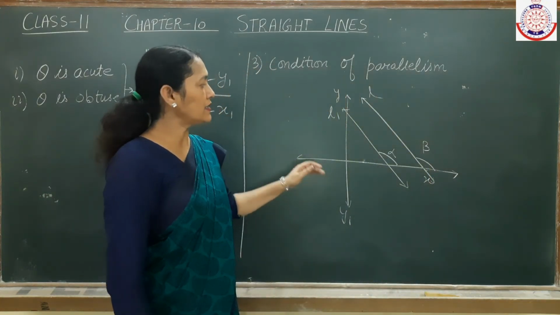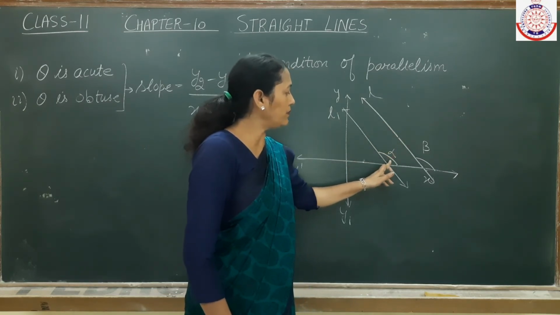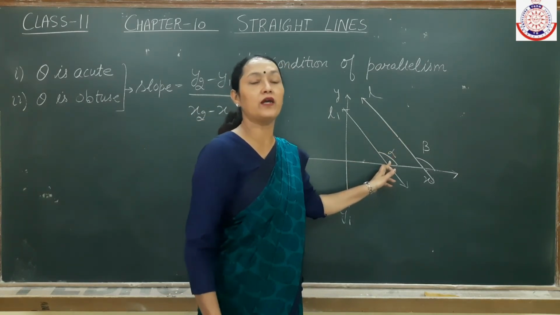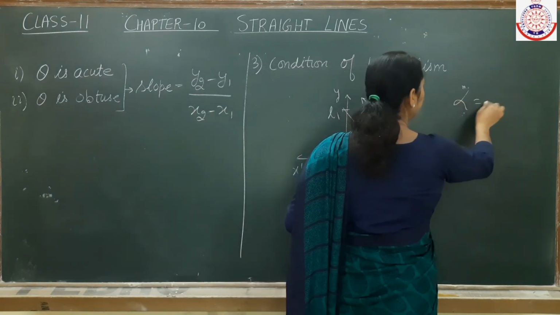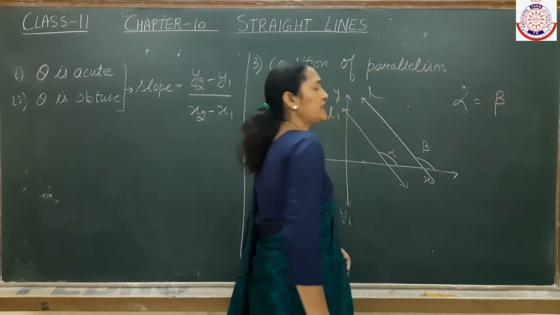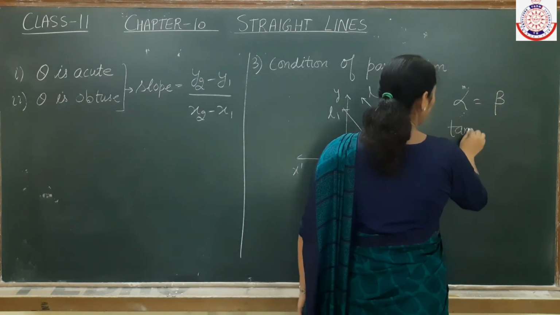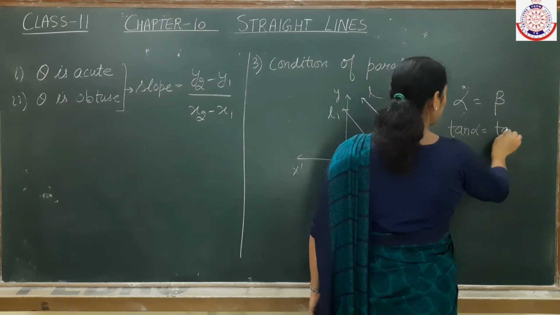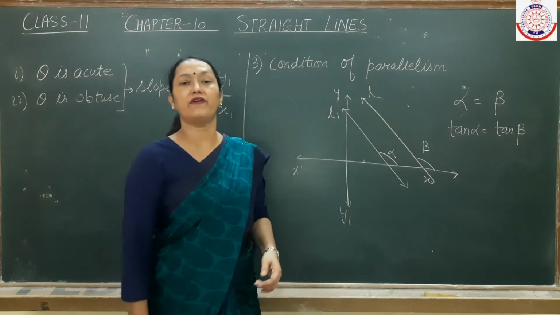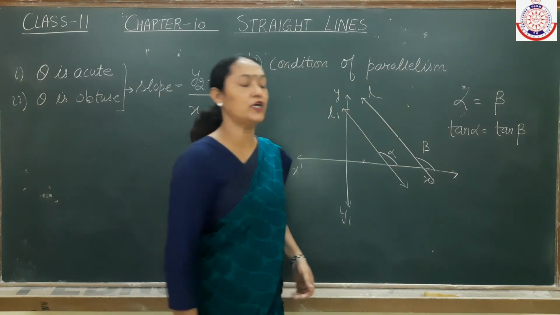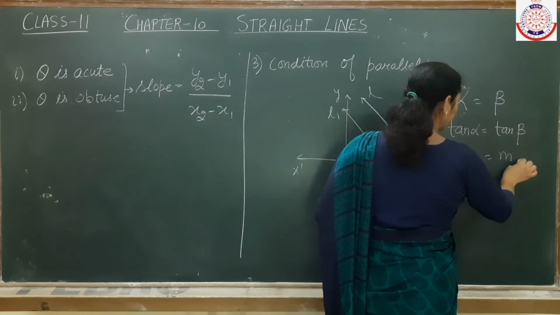Since the lines are parallel, both make the same angle of inclination. That means alpha is equal to beta. If so, tan alpha will be equal to tan beta. And if tan alpha and tan beta are equal, that means the slope in both cases is equal.